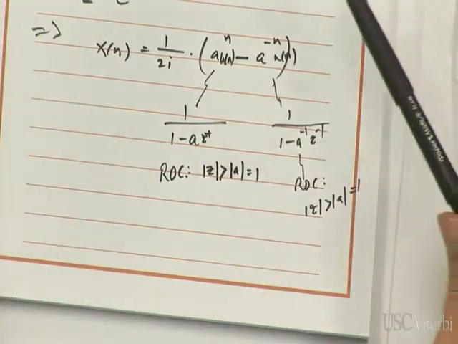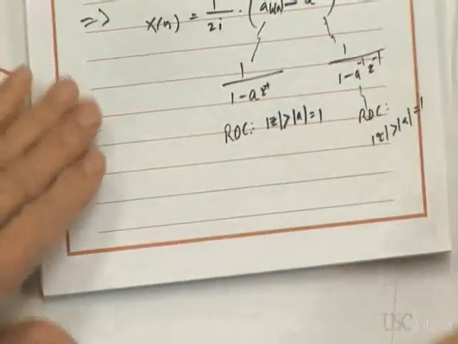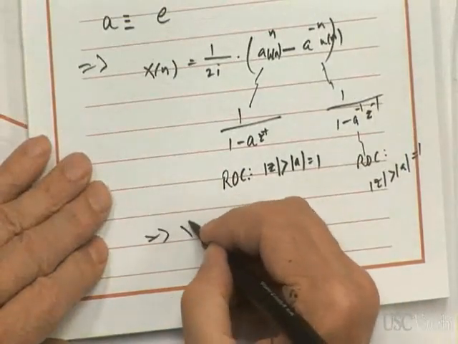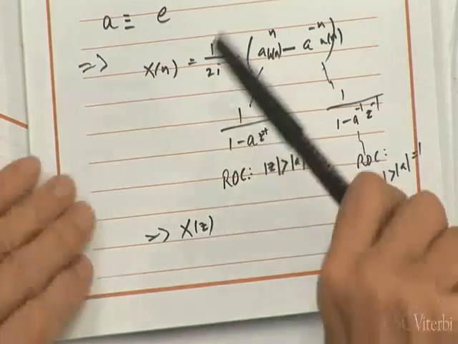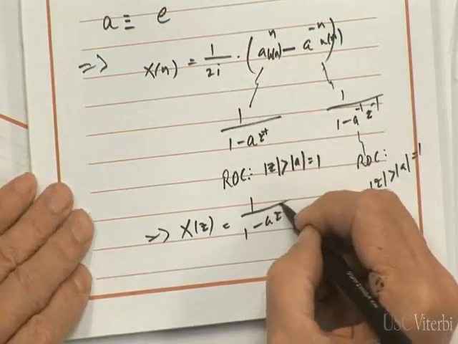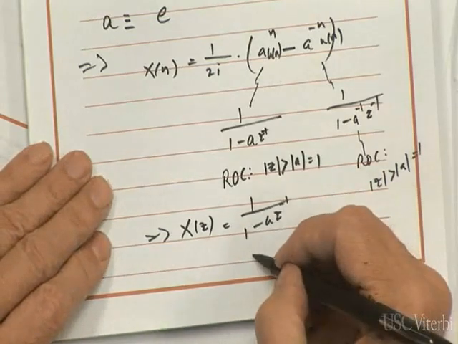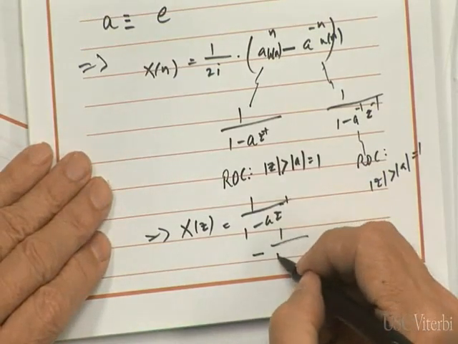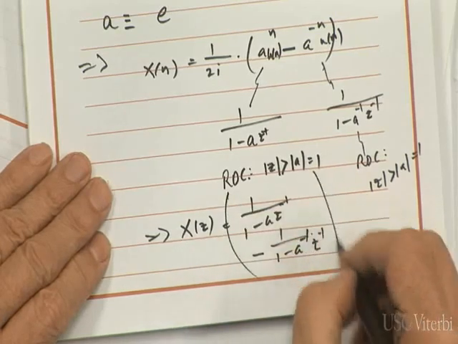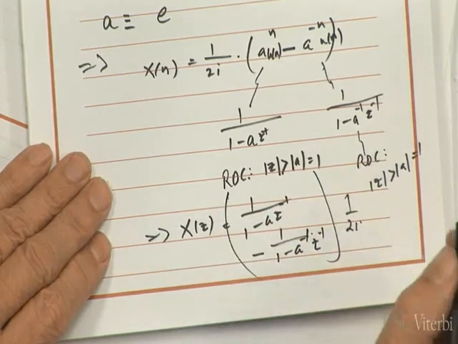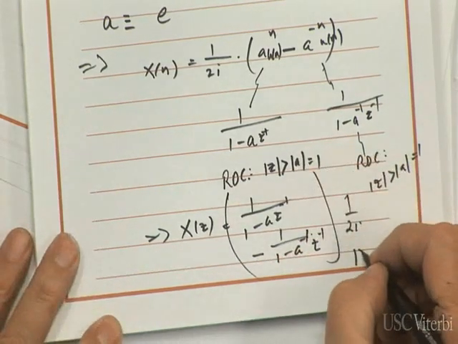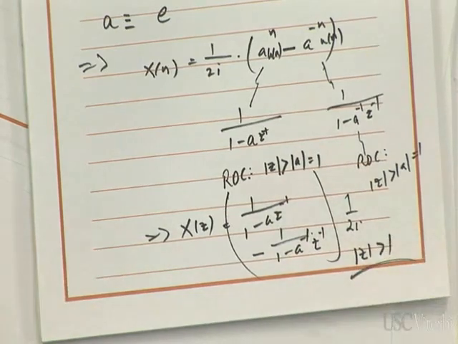So X of z exists, and X of z is equal to 1 over 1 minus a z inverse minus 1 over 1 minus a inverse z inverse, and the whole thing is multiplied by 1 over 2j. And the region of convergence is z greater than 1. I guess it does work.